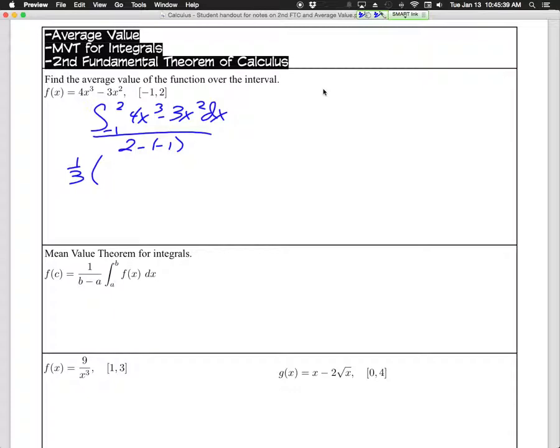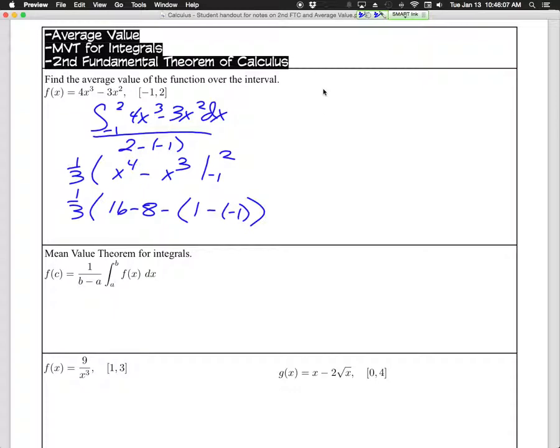Now I'm ready to integrate. What do I get when I integrate 4x cubed? X to the 4th, and when I integrate 3x squared, I get x cubed. We're going from -1 to 2. Plug 2 in, that gives me 16 minus 8. I plug in -1, that gives me 1 minus a -1.